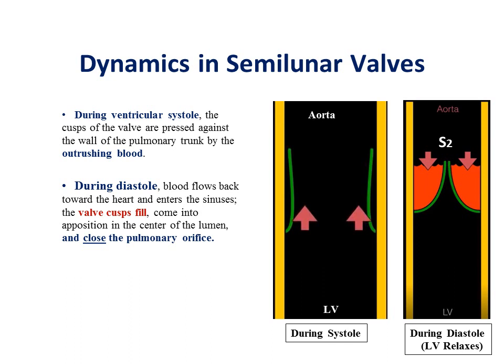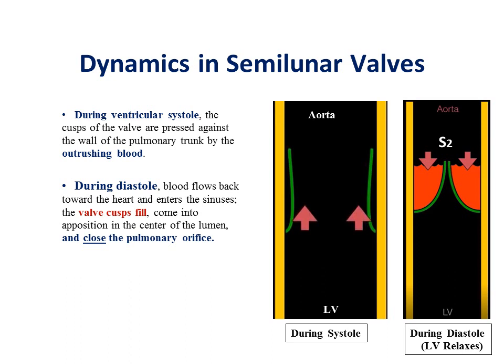For the dynamics in semilunar valves, this illustration is nice. If this is the aorta coming from the left ventricle, during ventricular systole the cusps are pressed against the wall of the pulmonary or aortic valve by the pumping of the blood from the ventricle to the aorta or the pulmonary trunk.